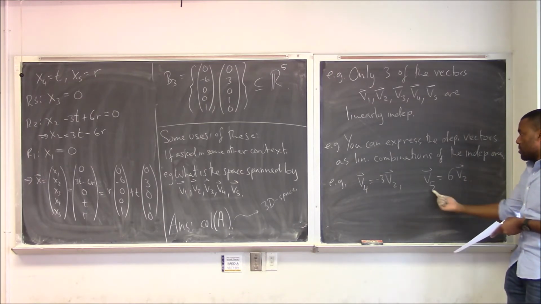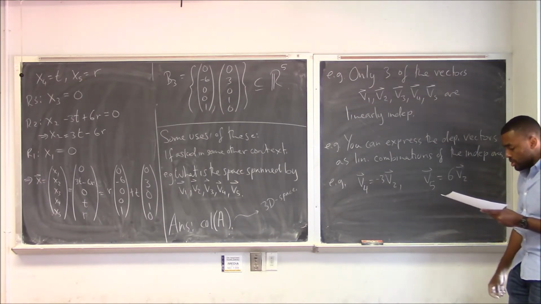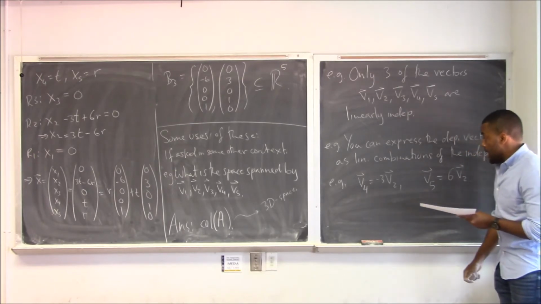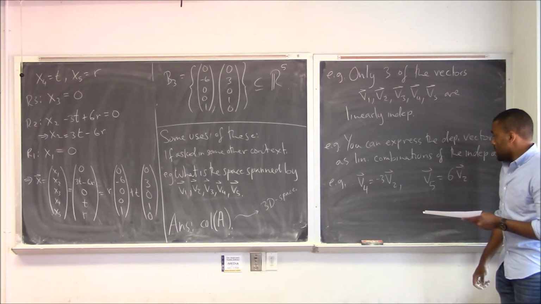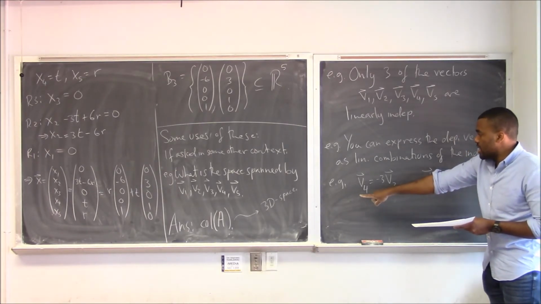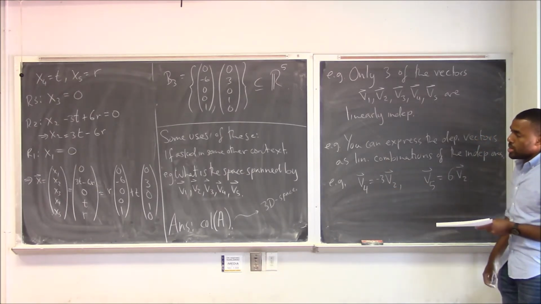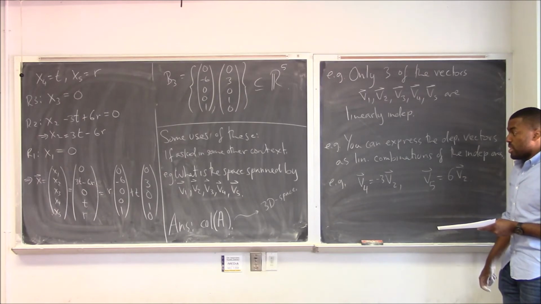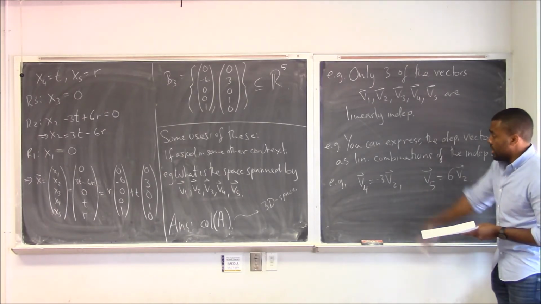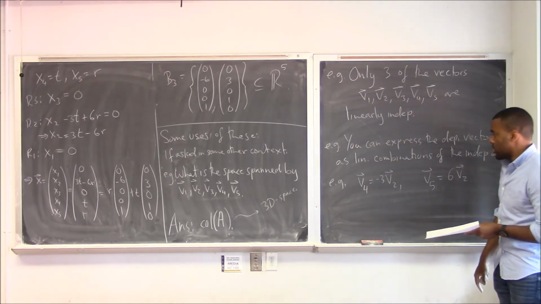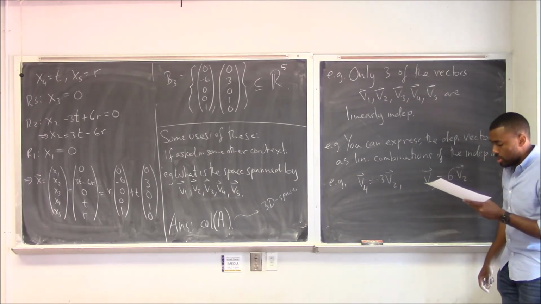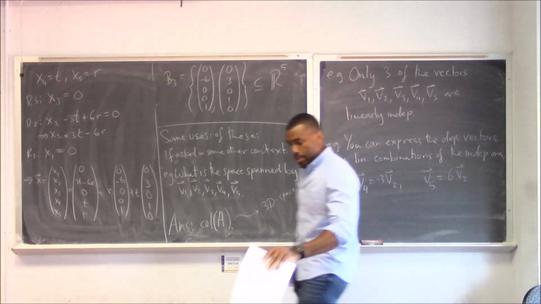And you realize that v5 is actually dependent on v2. It's some multiple of it. How you can tell that is because it's easy to see that this relationship holds for the w's. That same relationship will be extractable for the v's. And so even though the v's had a bunch of numbers that were non-zero in them, we can know the relationship between them. So that's a useful way.